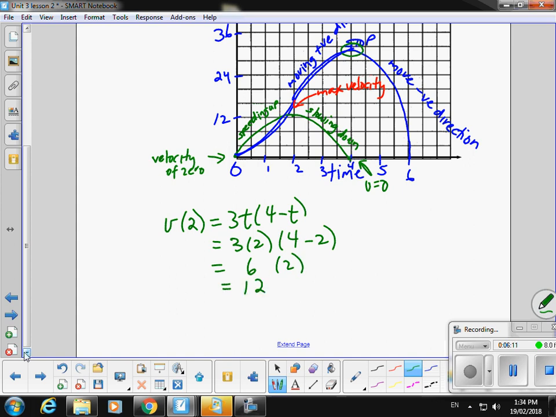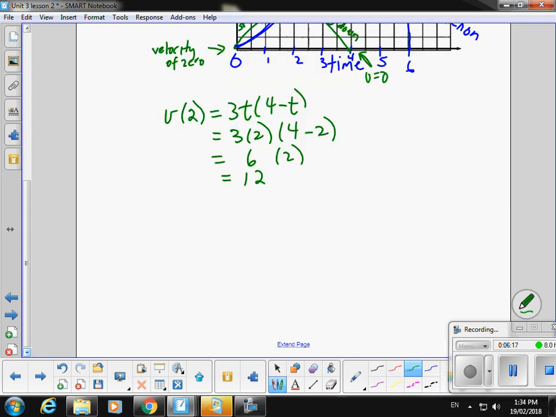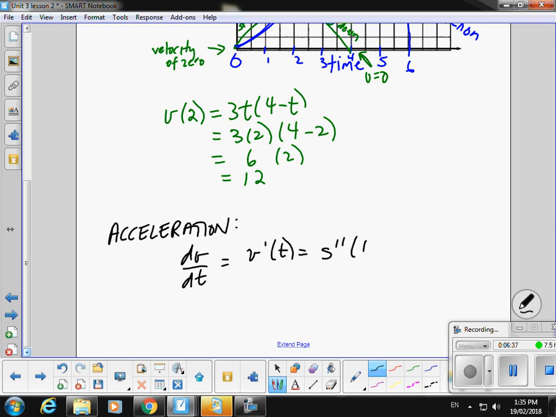We're asked to determine and draw a model for acceleration. Acceleration would be the rate of change of the velocity with respect to time. We can write that as v prime of t or s double prime of t.